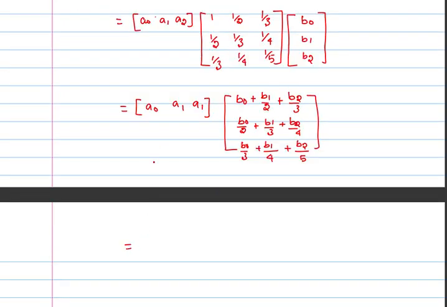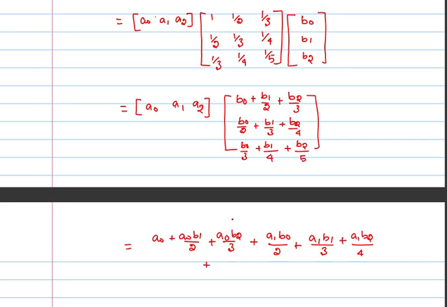Next you multiply: A0 times the first, plus A0 B1 divided by 2 plus A0 B2 divided by 3, plus A1 multiplied by this whole thing: A1 times B0 divided by 2 plus A1 B1 divided by 3 plus A1 times B2 divided by 4, plus A2 times B0 divided by 3 plus A2 times B1 divided by 4 plus A2 times B2 divided by 5.